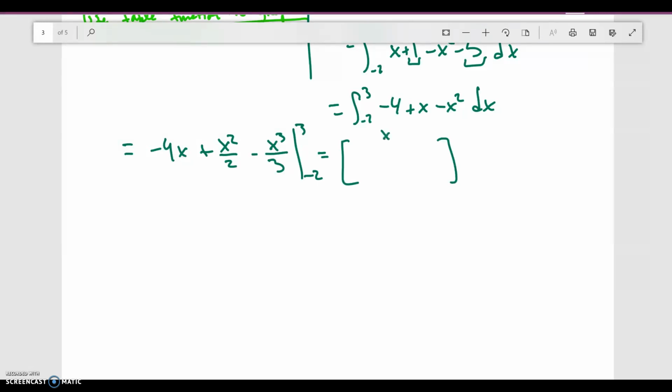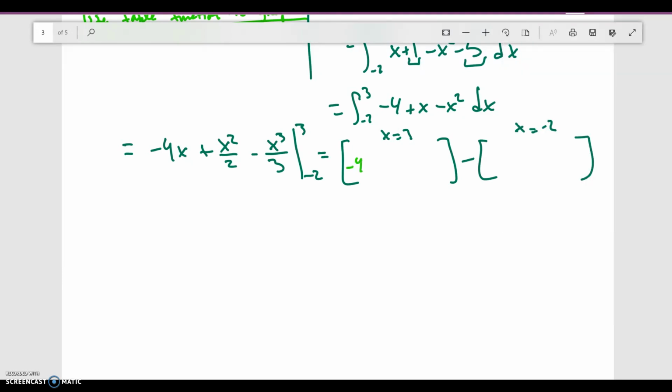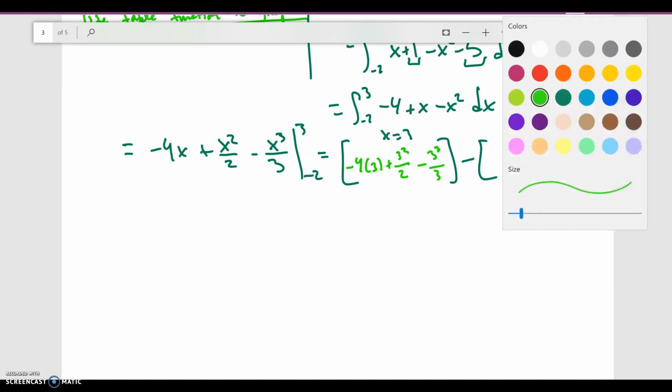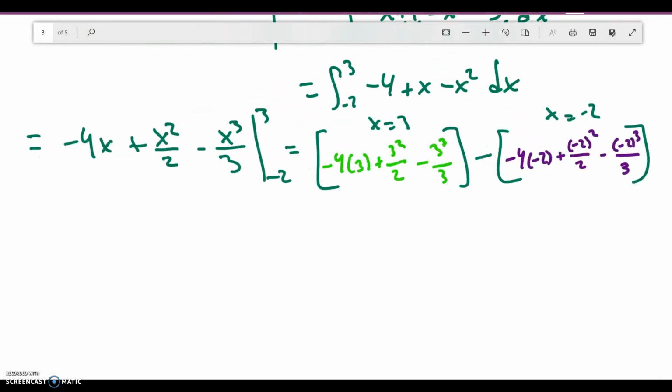I plug in x equals 3 first, and then subtract the result of plugging in x equals -2.